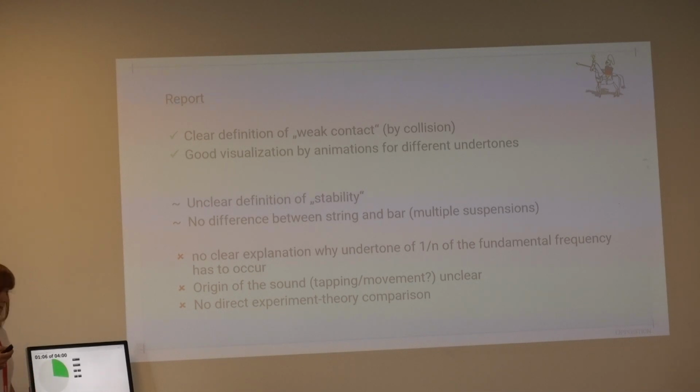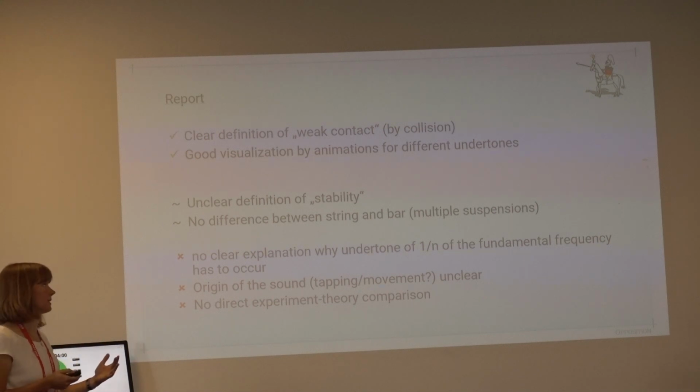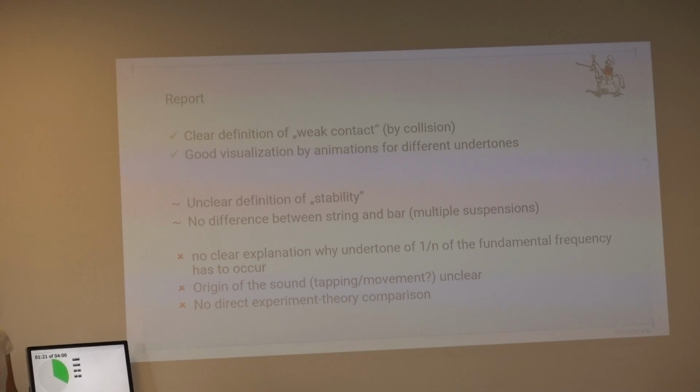And a very important point is that the origin of the sound is quite unclear. We will also discuss whether what we hear is really the movement of the paper, so the frequency of the paper itself, or more the tapping of the tuning fork. And unfortunately there was no theory-experiment comparison shown.